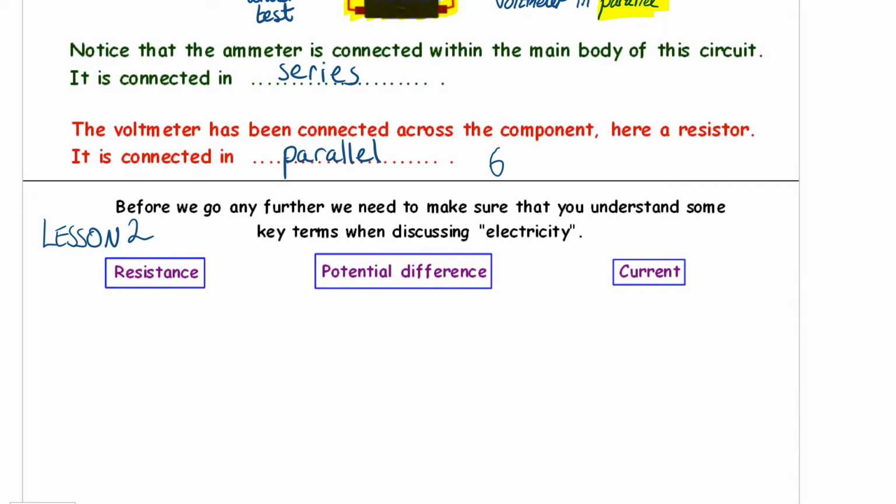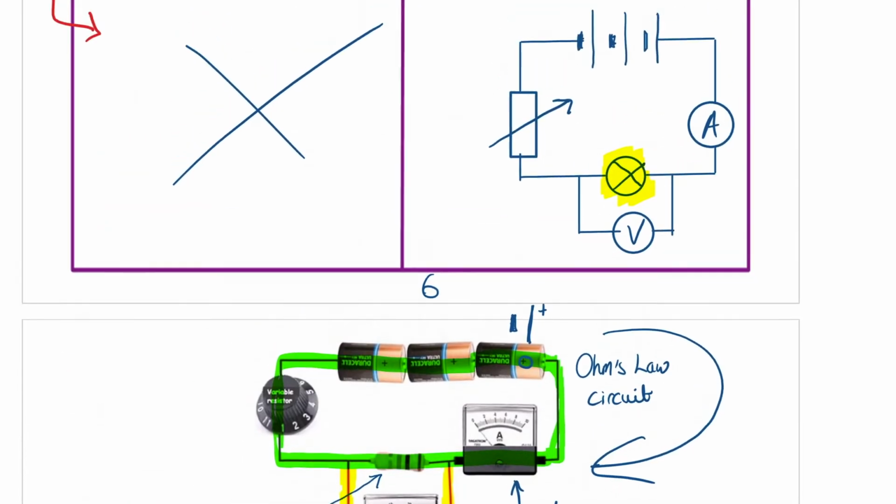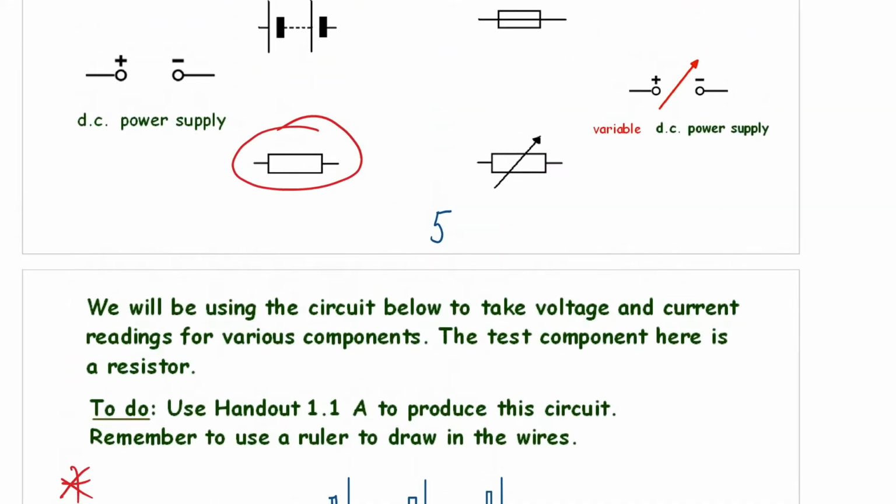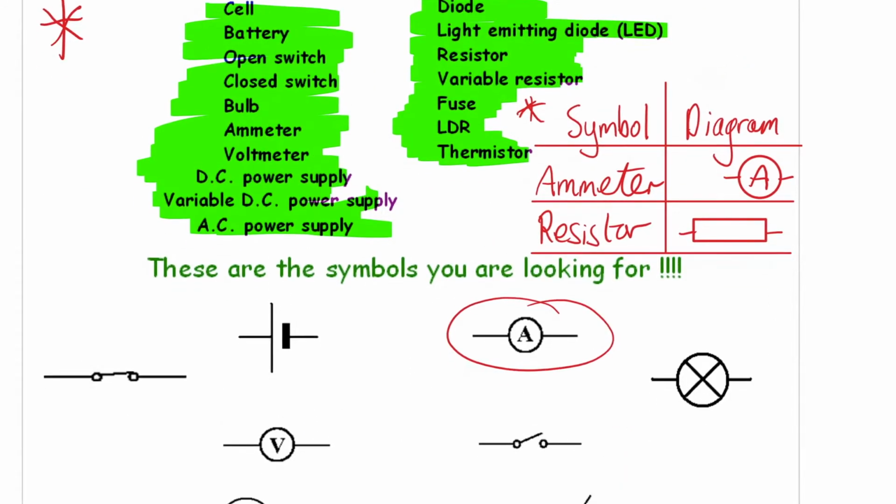This is lesson 2 for year 10 physics, electrical circuits. Quick recap on what you learnt in lesson 1. So this is your booklet from lesson 1.